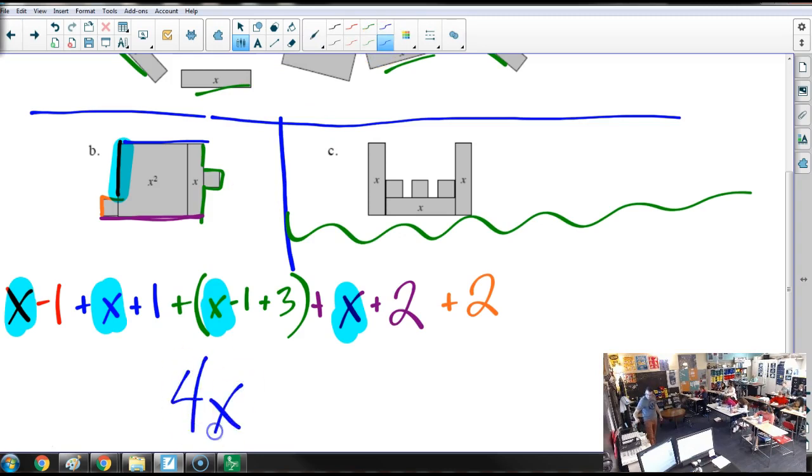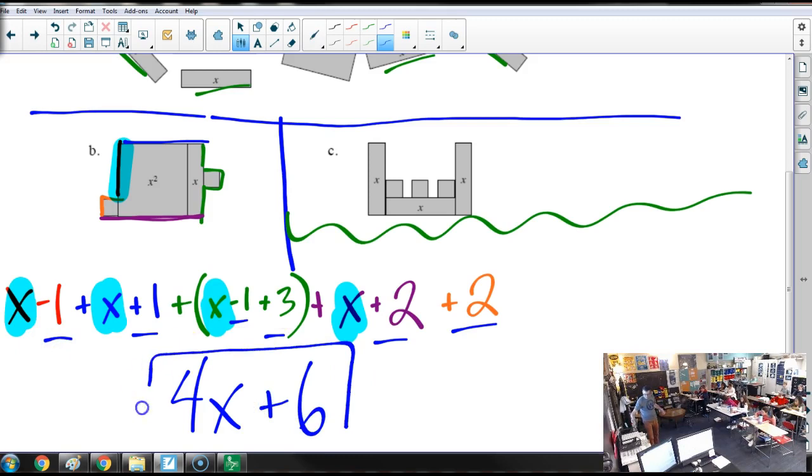So 4 x's. How many constants? Well, I'm going to do positives, then do negatives. So 1, 4, 6, 7, 8, minus 1, 7, minus another 6. So that perimeter would reduce down to 4x plus 6.